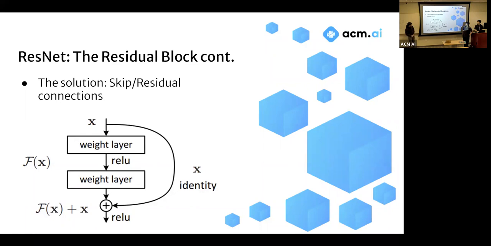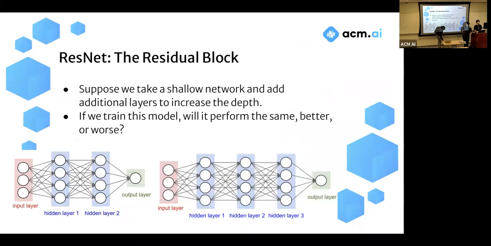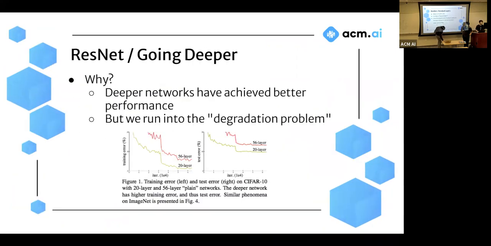That's all we're doing. And to understand why we're doing this, we have to motivate it a little bit. The problem ResNet was trying to solve was the issue of going deeper. People realized that, up to that point, deeper networks had achieved better performance.